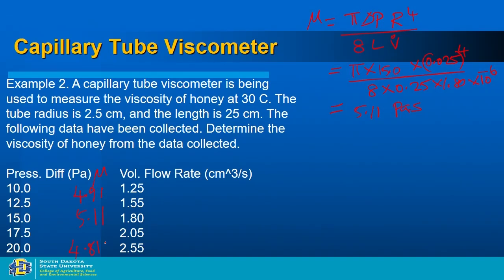If you look at the differences, it's only 0.2. 0.2 is something like 5%, right? 5% of 4.91 is close to 0.25.